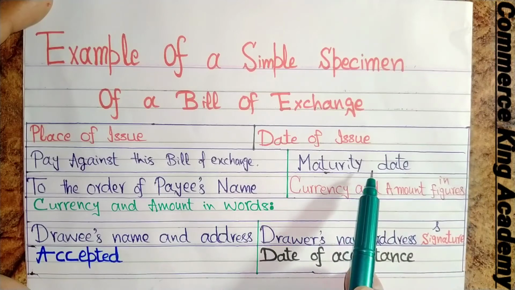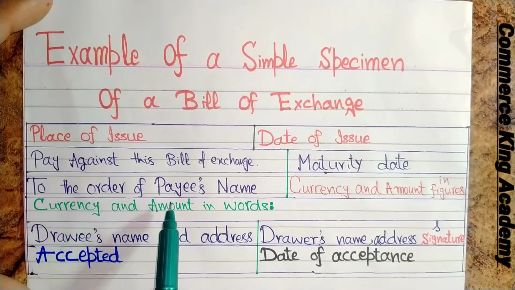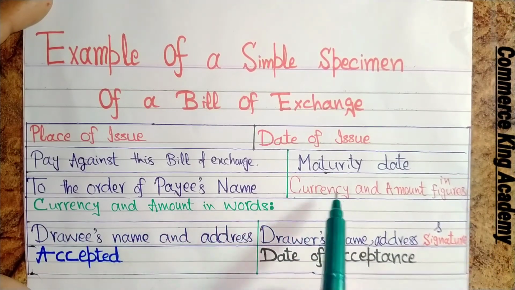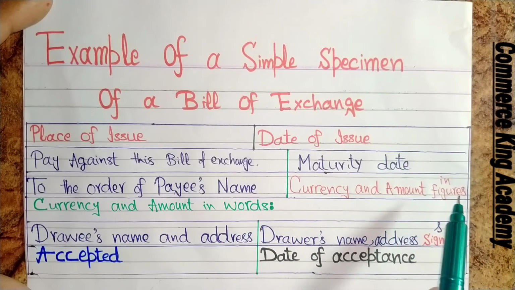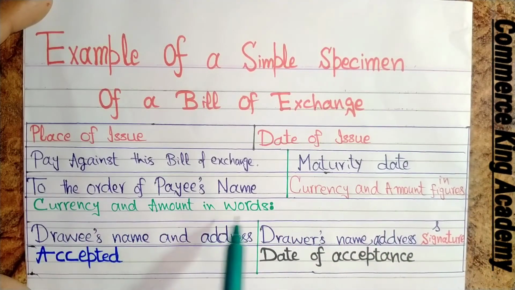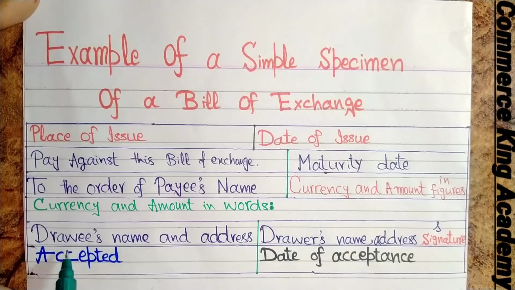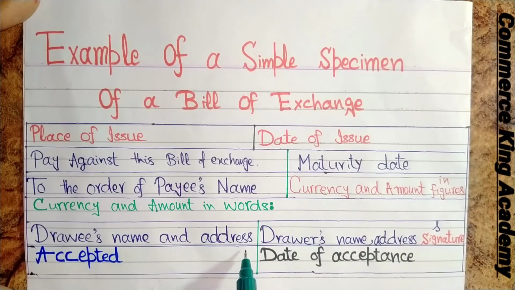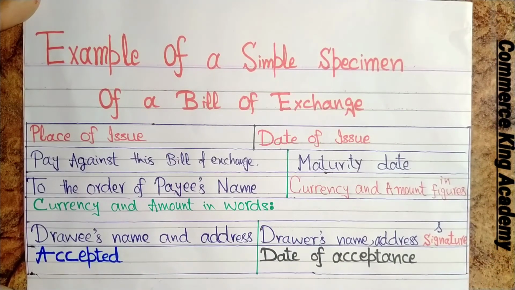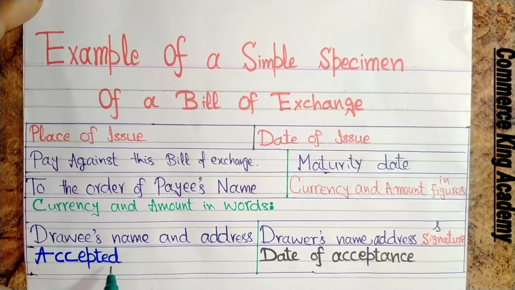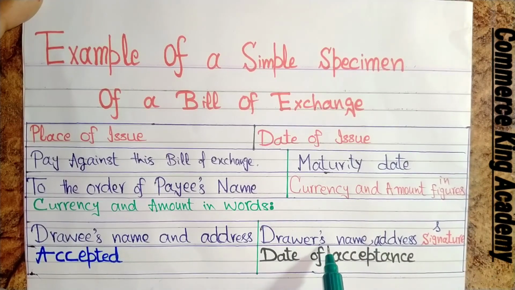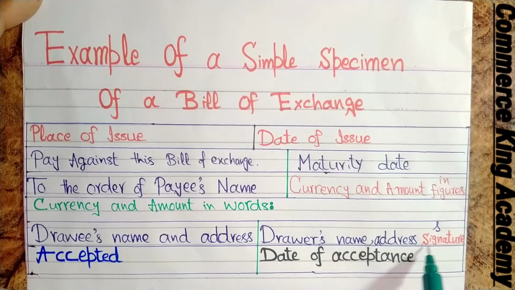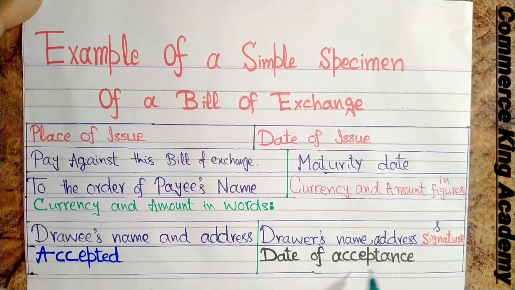This is the maturity date. To the order of the payee's name, currency and amount in figures, currency and amount in words, drawer's name and address, accepted by drawer. This is the drawer information, drawer's name and address and signature and date of acceptance.